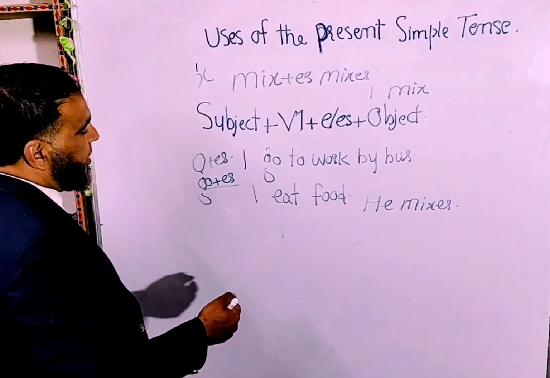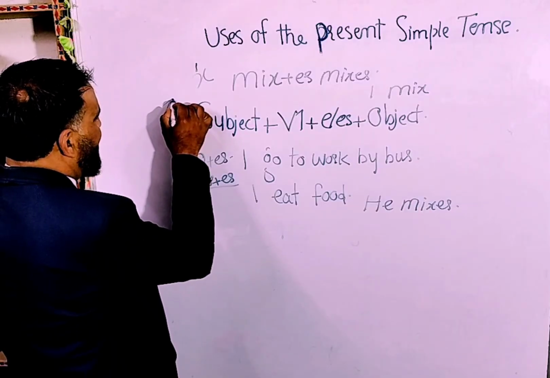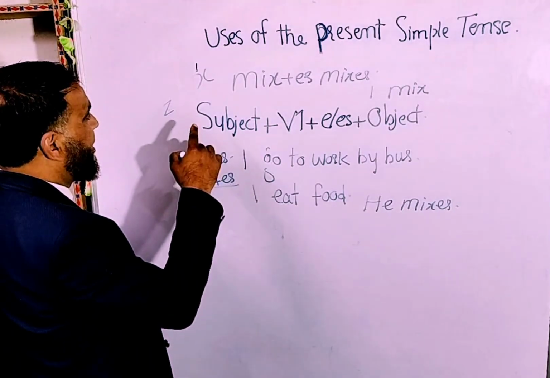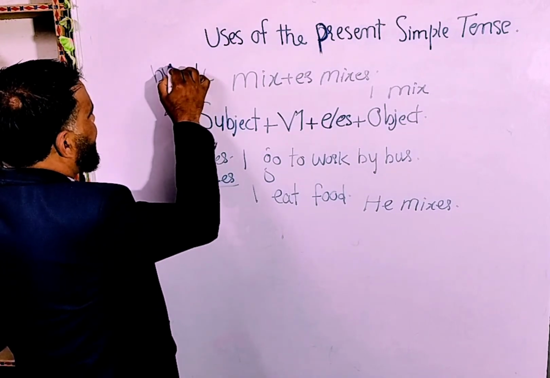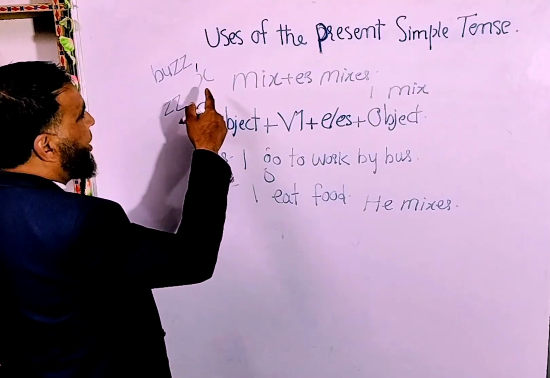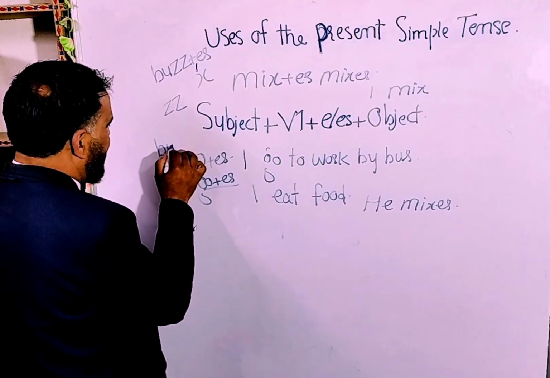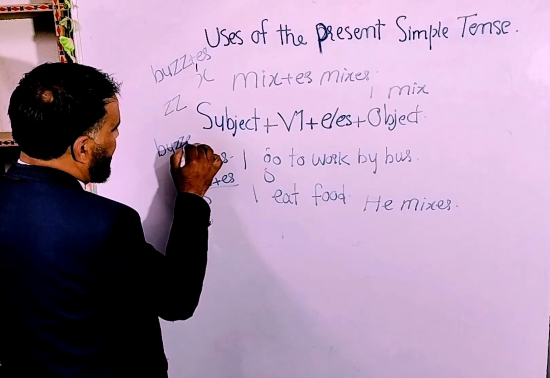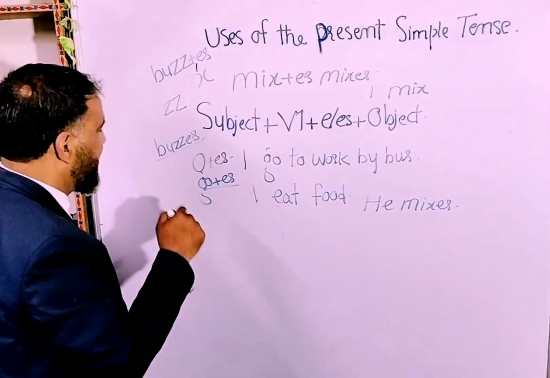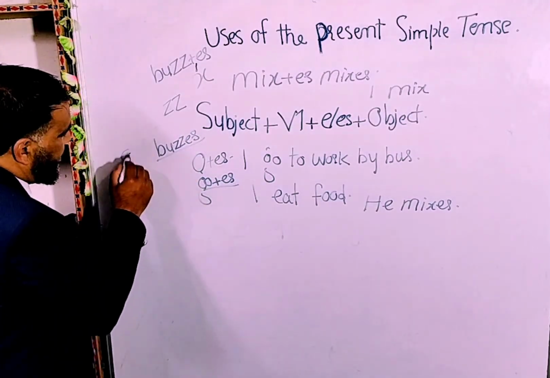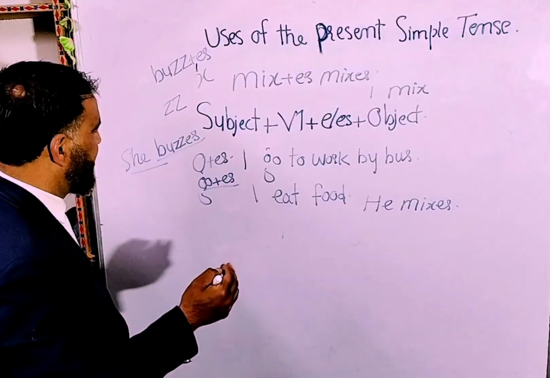And verbs that end in double Z, for example, buzz, we need to add ES: buzzes. Not I buzzes, but I buzz. She buzzes. He buzzes. It buzzes.